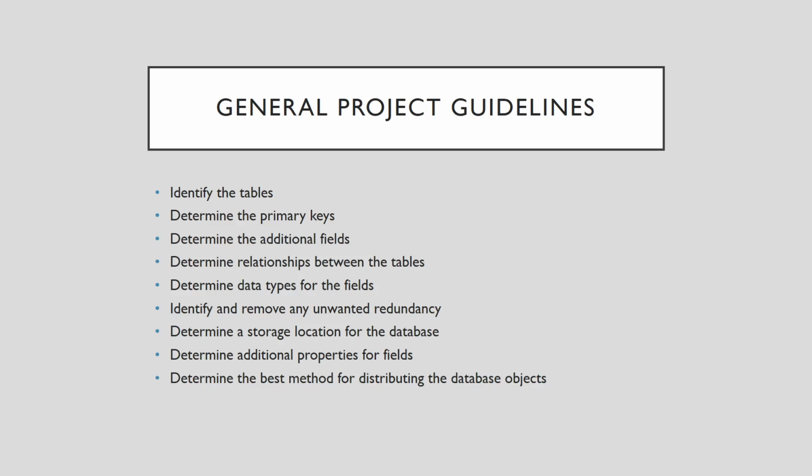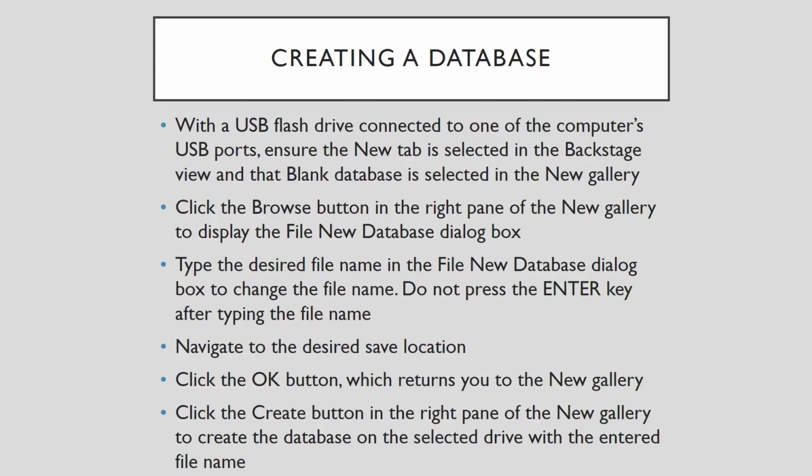If necessary, we have to identify and remove any unwanted redundancy just to save space and make sure that the tables are normalized. Determine a storage location for the database and additional properties for fields, and determine the best method for distributing the database objects.